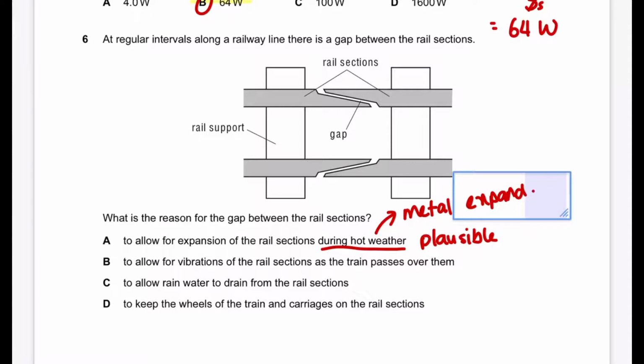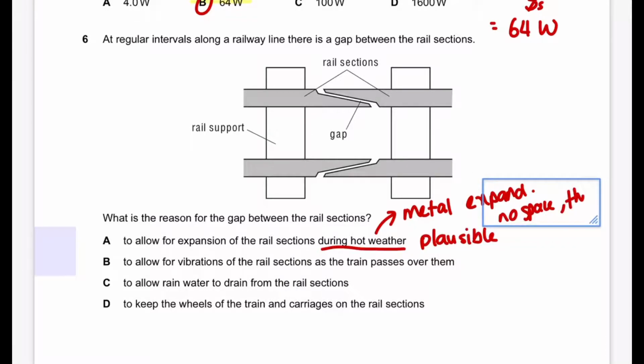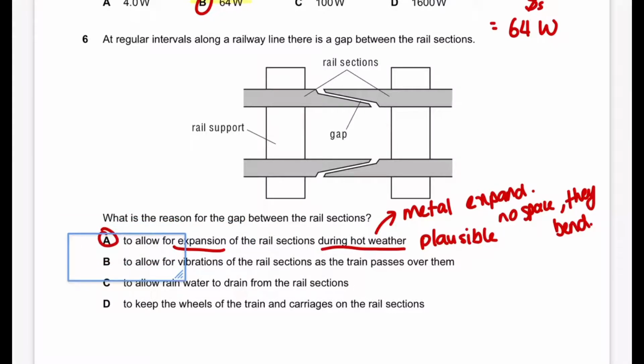And when they expand, if they don't have any room or space, they'll bend. So, to prevent bending, they give gaps for expansion. So this is possible for option A.